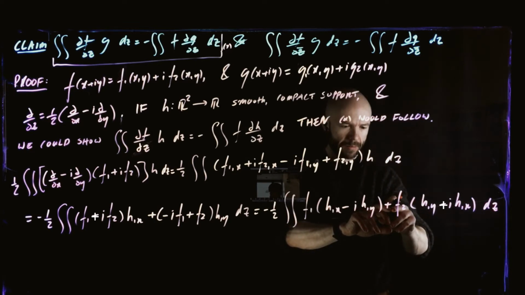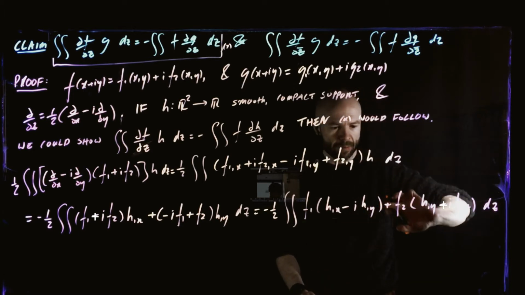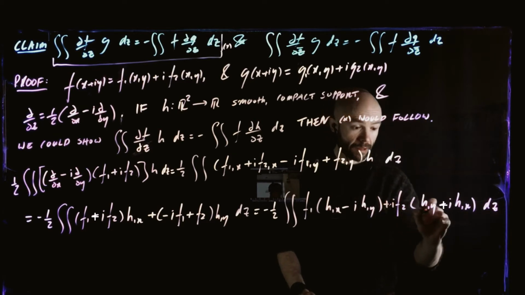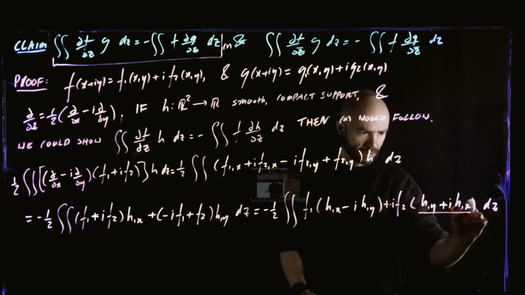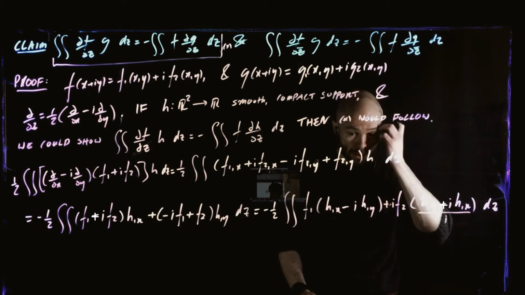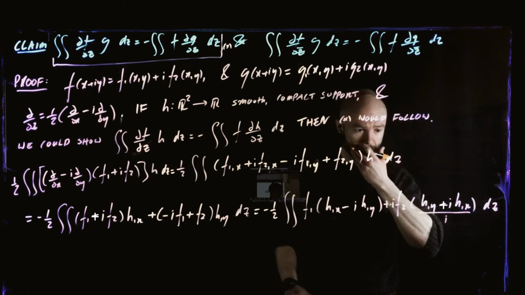Now let us multiply this and divide it by i. So if we multiply and divide by i, we're going to have a plus i here, and then we're going to divide by i here, like this. Yeah? And then what's that going to give?